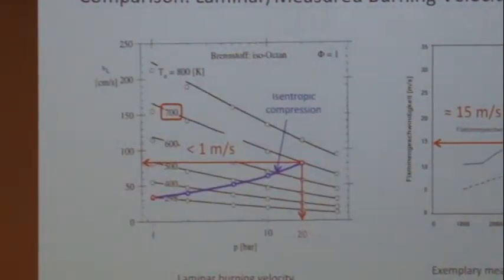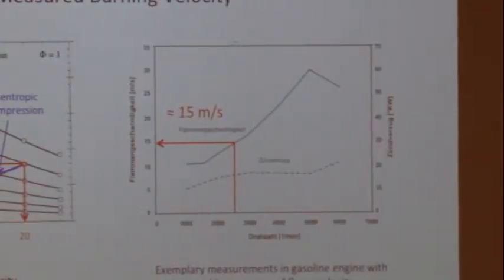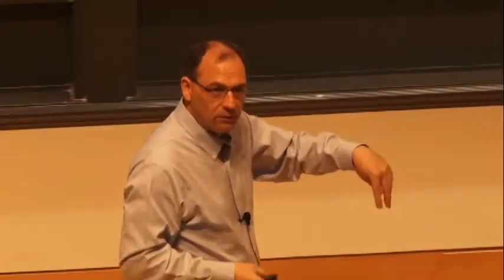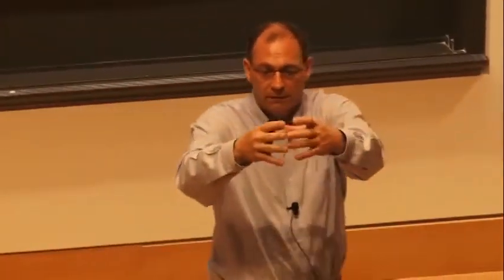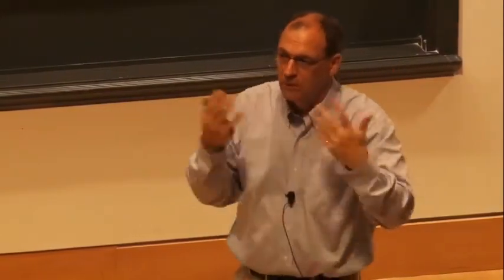Now on this side here, you see from a transparent engine experiment the evaluation of the apparent burning velocity you get. I don't know how this was measured. There are two different ways you can do it. You can either have a transparent engine and just look at how the flame moves, but you can also just measure the pressure trace and, assuming a cylindrical or spherical flame, infer roughly what the burning velocity is.